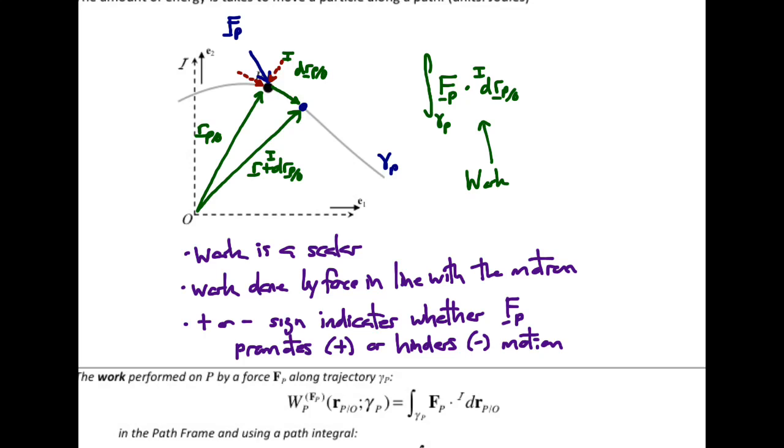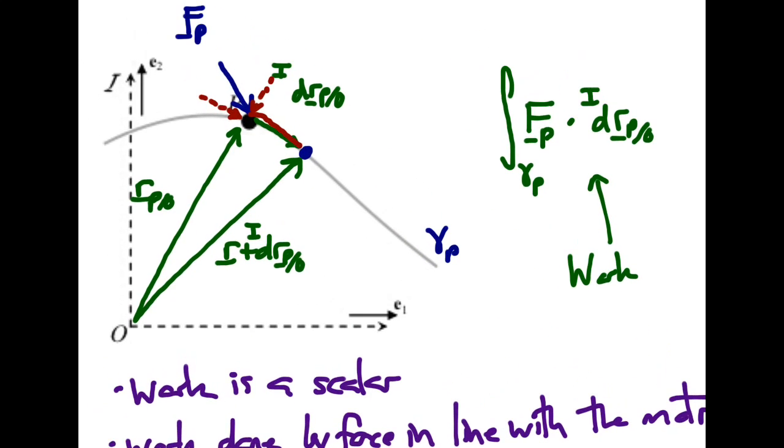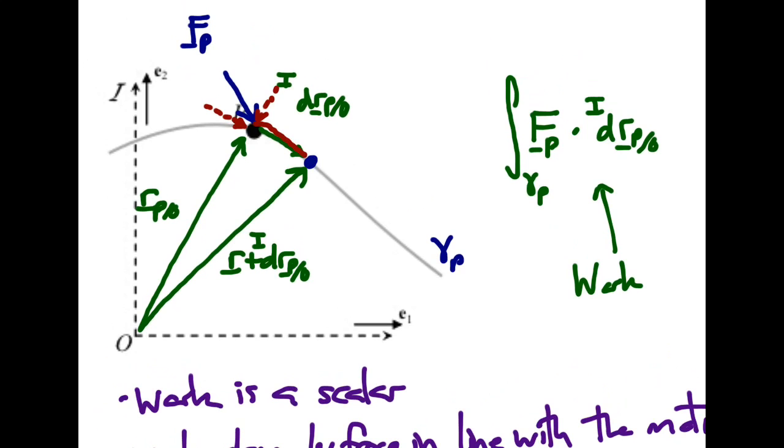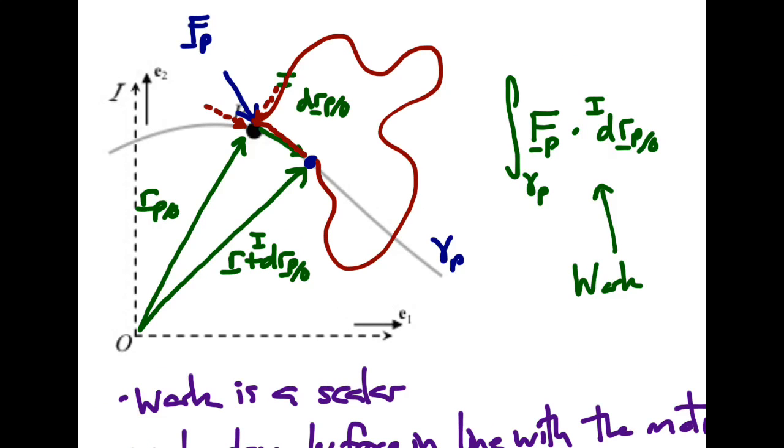And so here, if we take the path from that point to that point, that's probably going to give you a different work than if we take the path of something like this, and then finally end up at that point. And the reason why is because we're integrating force with the change in path, and so the force to get around this path over that particular distance is going to increase the work.